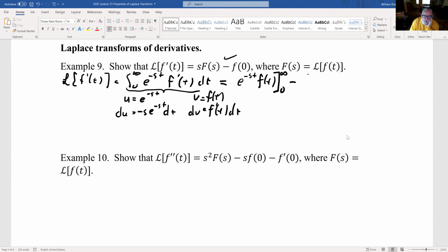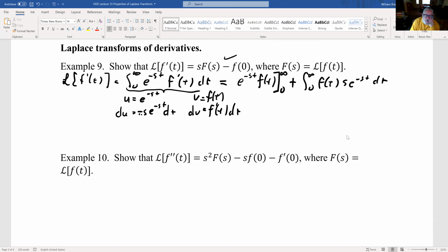So the integral from 0 to infinity of v, which is f of t, times minus s e to the minus st. So the minus will come up front; this minus here in the du and the minus from the integration by parts formula combine to give me a plus, f of t s e to the minus st dt.